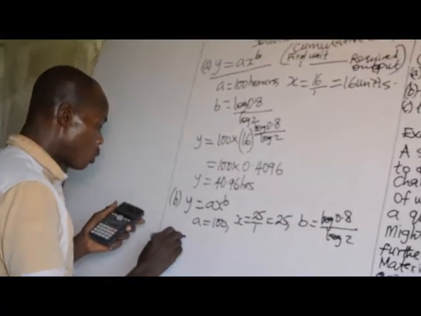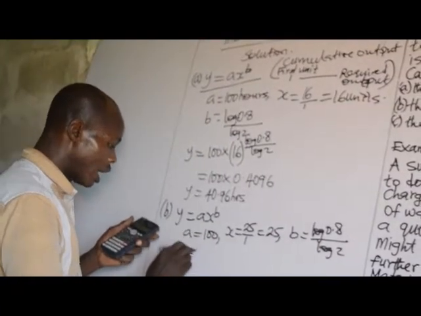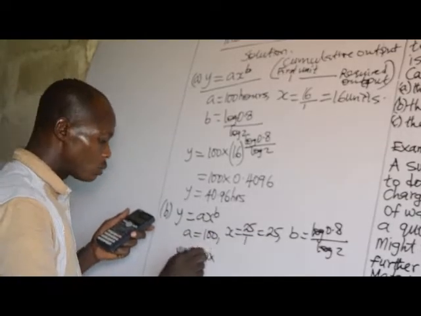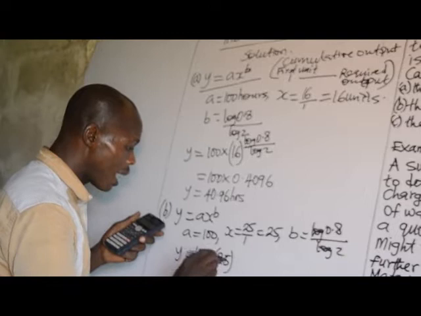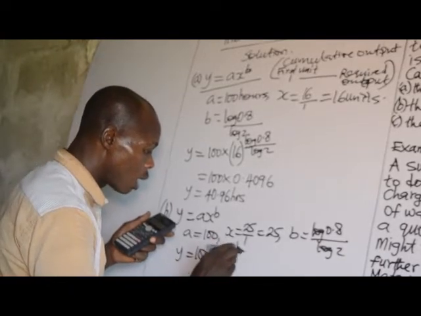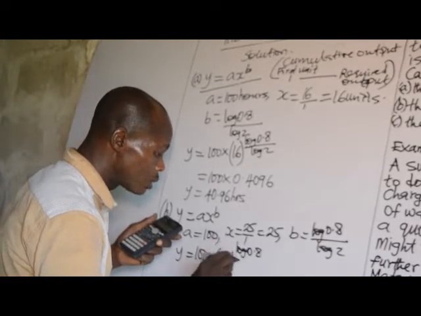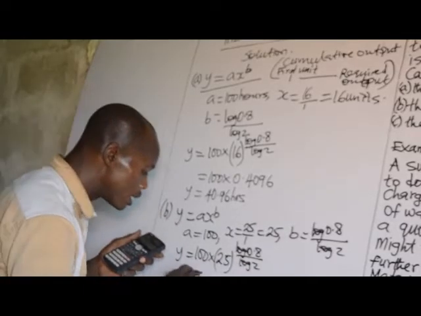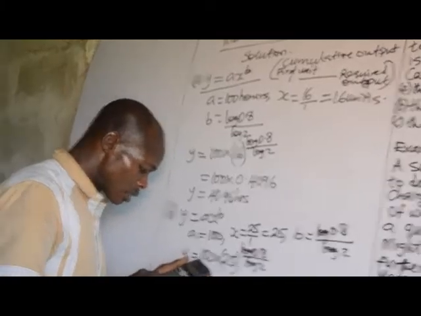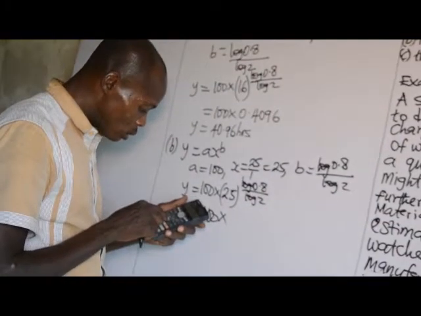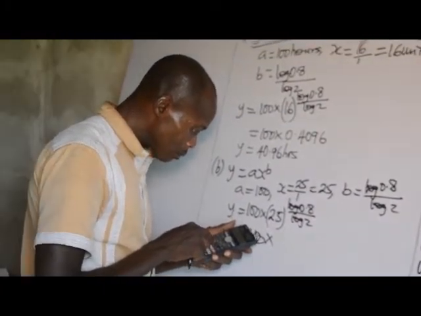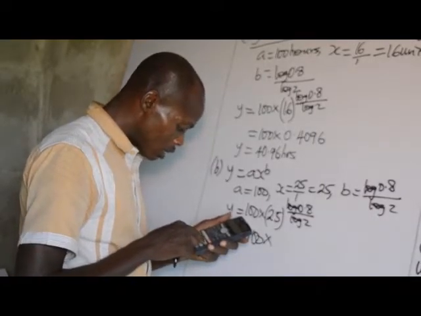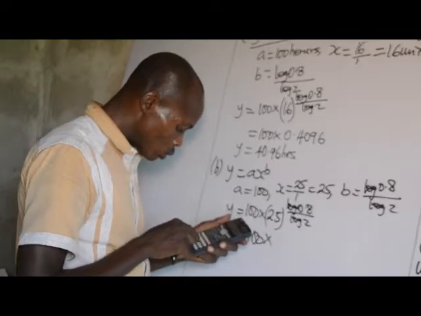So now Y will be equal to A, and our A is 100 times X. X is 25 raised to power B, and our B is log of 0.8 over log 2. So we now have 100 times 25 raised to power log of 0.8 divided by log 2.